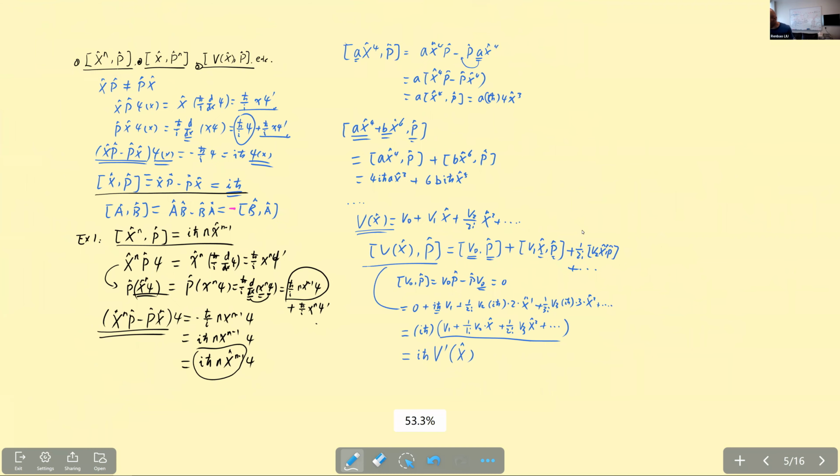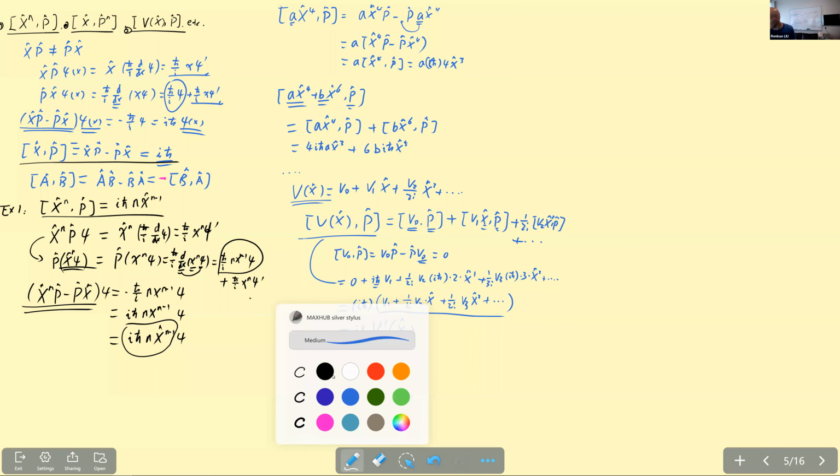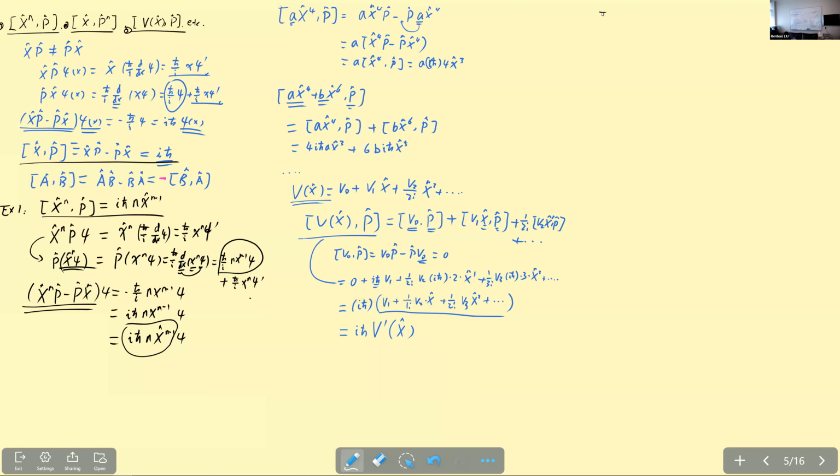As another example, we can check, let's look at x and p squared. What will this be? Again, we can write this down as x p squared on a wave function. So this will be x times h bar over i squared and d squared over dx squared on this psi, right?